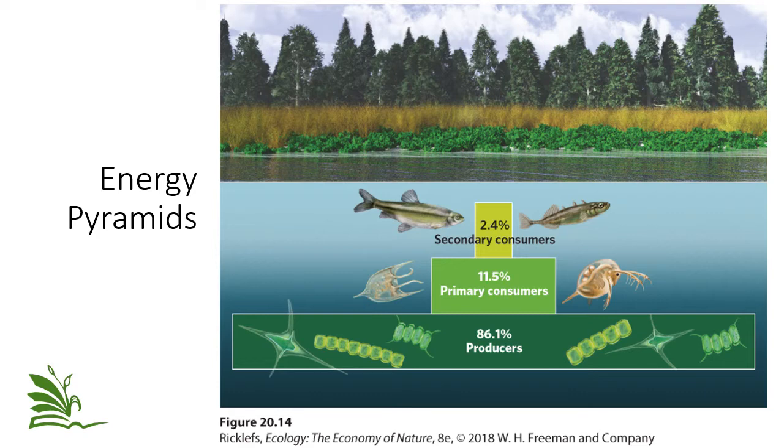So these are providing you with concrete quantitative information. And so a pyramid of energy would represent the amount of energy in each trophic level, whereas the biomass pyramid would represent how much biomass or standing crop of organisms are present at any given trophic group. So that's what we're showing you here in this figure.